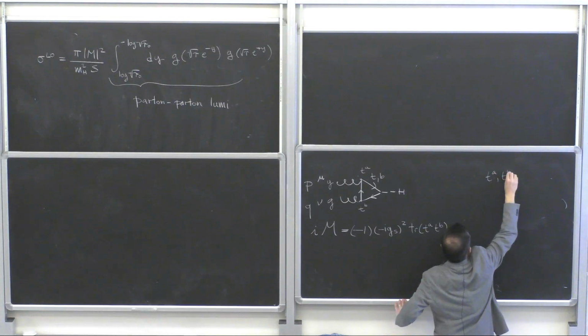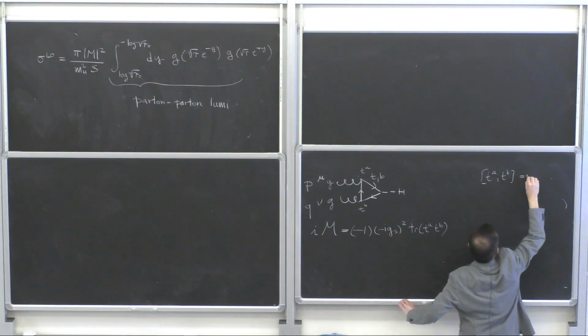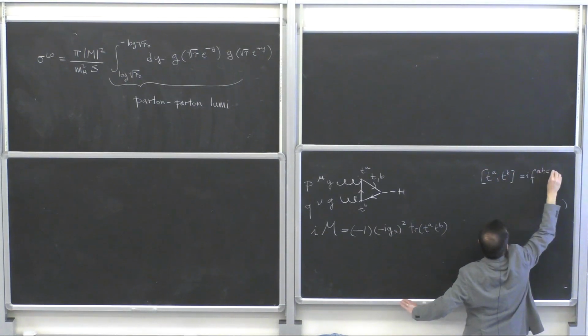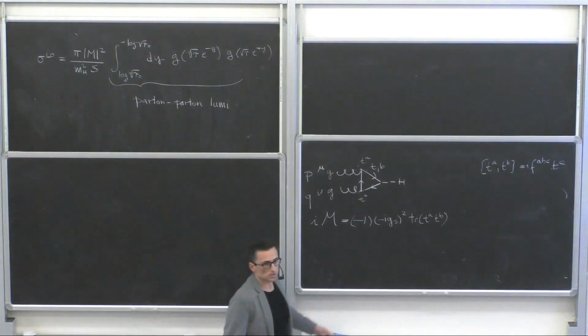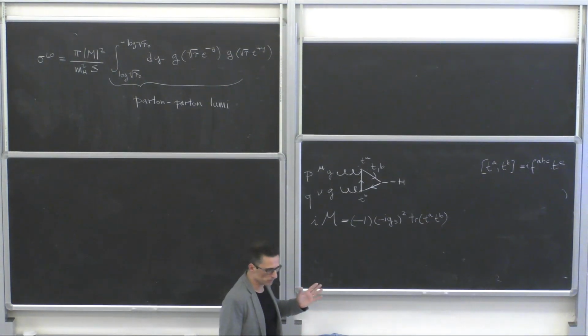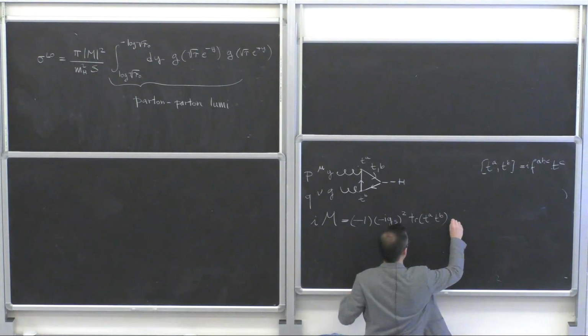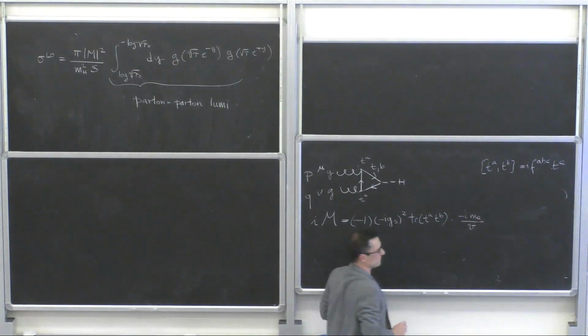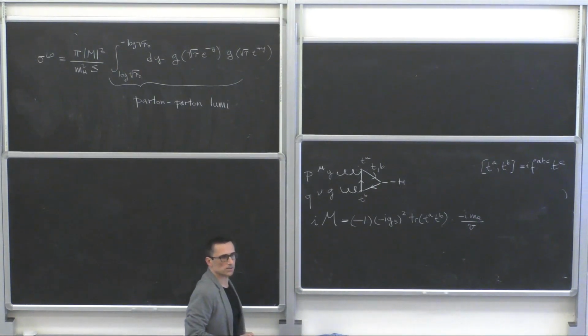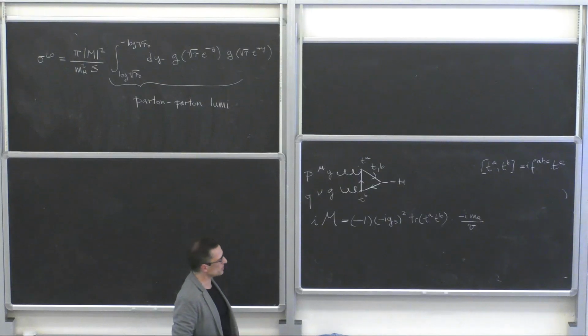TA, TB equal FABC, TC for SU3. Okay? So I assume that you have seen them, hopefully. Then there is the Yukawa coupling, minus I m of the quark divided by V. Okay, so I'm putting all the elements that I care about.